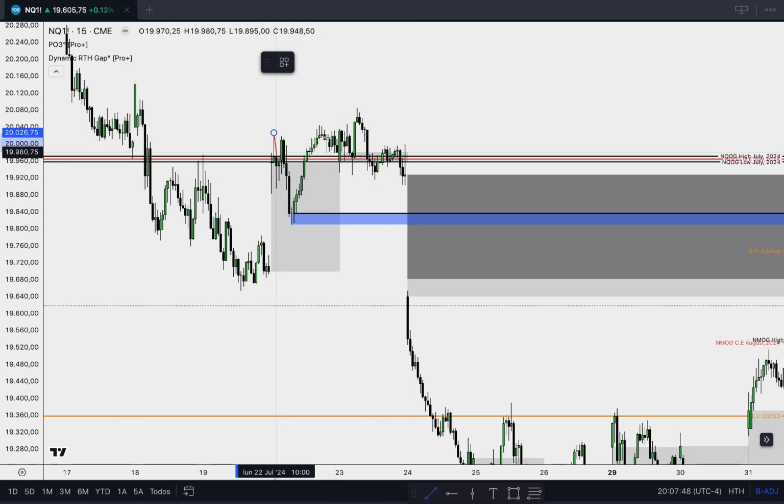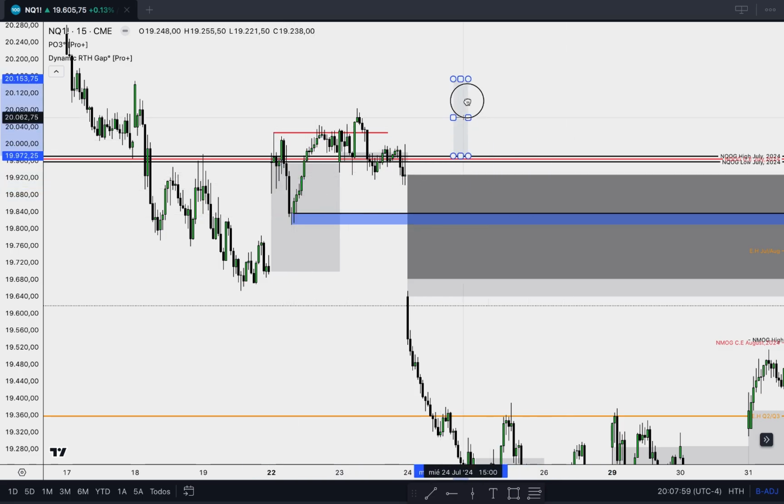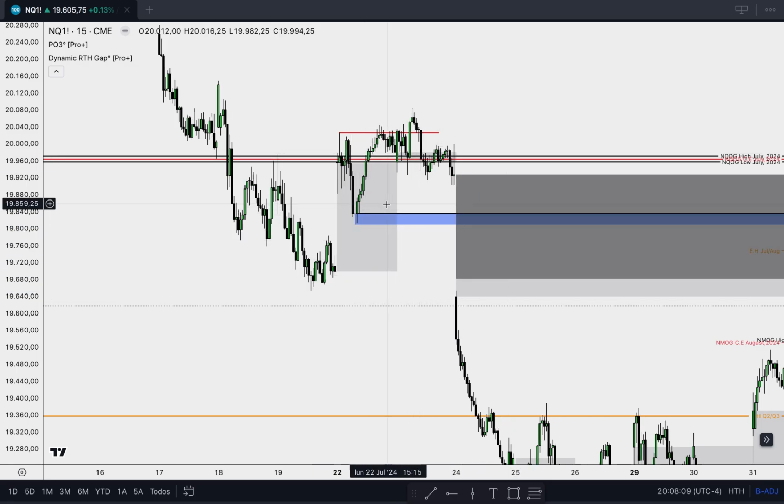But what do we have here? We took this and we closed below here. So this range of these candles here, I'm expecting this is a very sensitive area for me, because this is like a breaker on regular trading hours.